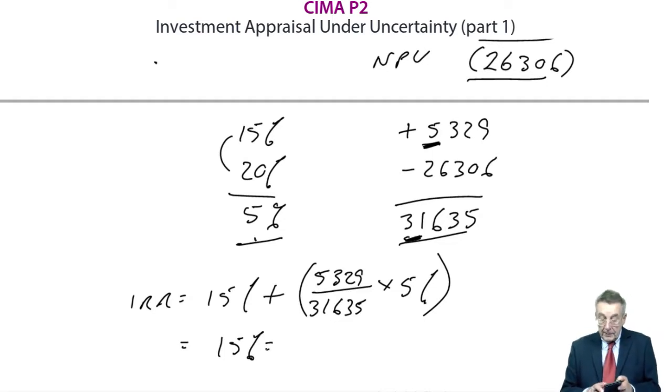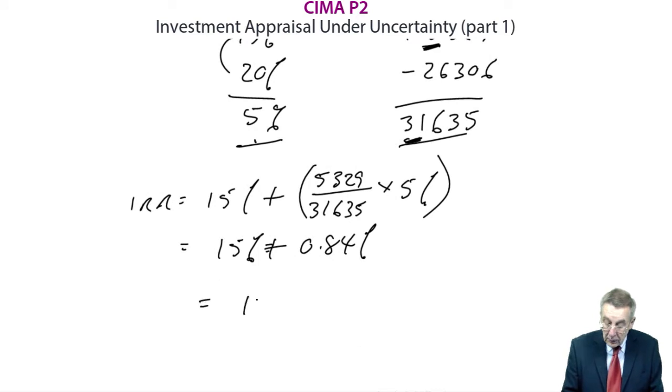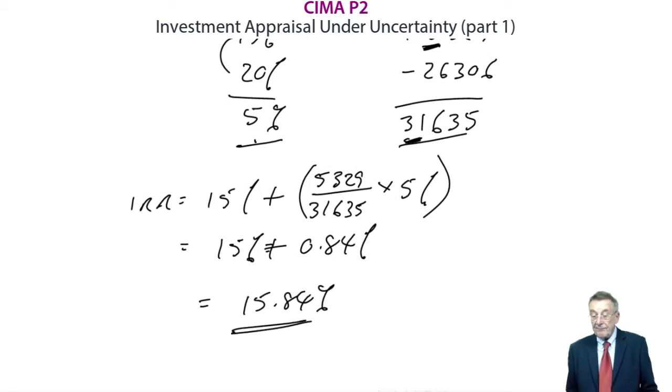Which, as always, I hope I'm getting my arithmetic right. I get 15.84%. Which seems about reasonable.